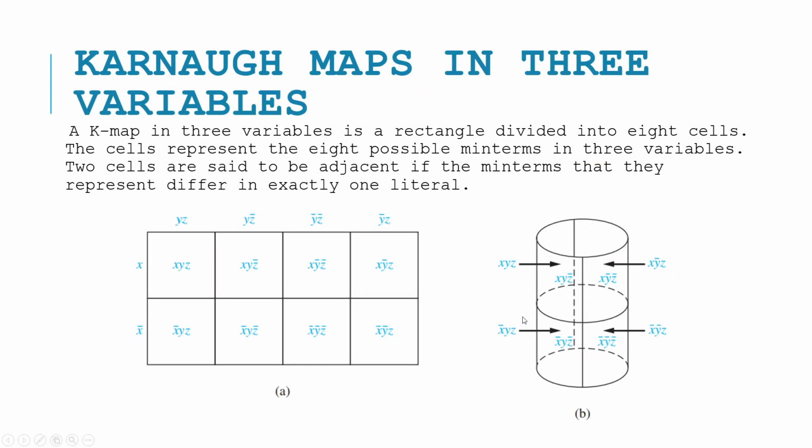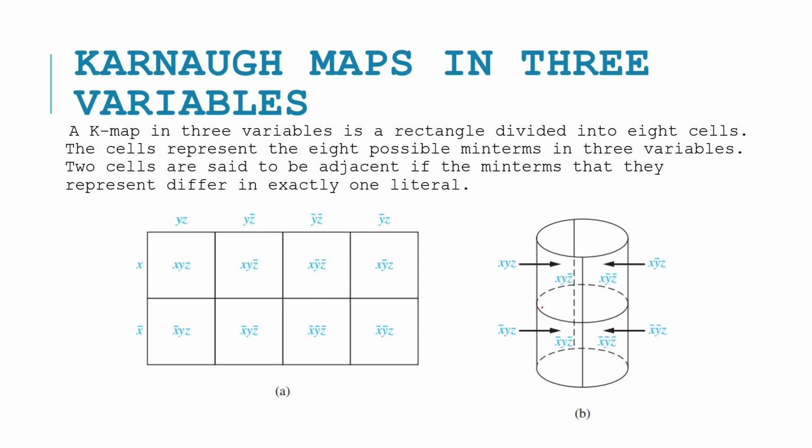Now, what if we have three variables in our K-map? If we have three variables, then we would have this K-map here where we have two rows of four columns. Two cells are said to be adjacent if the minterms that they represent differ in exactly one literal.